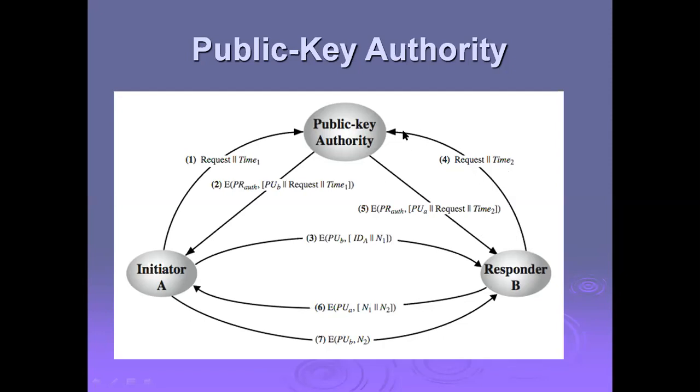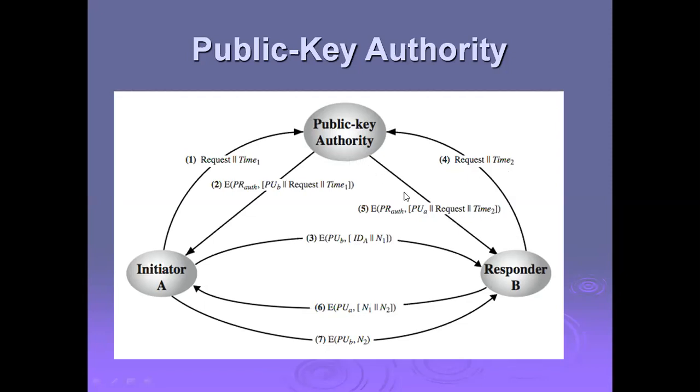The responder once again requests the public key authority, which issues another key for accessing A. In the fifth step, it is the encryption with the private key of the authority of the public key of A, the request, and T2.